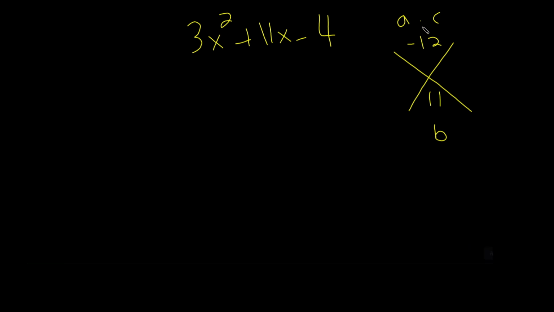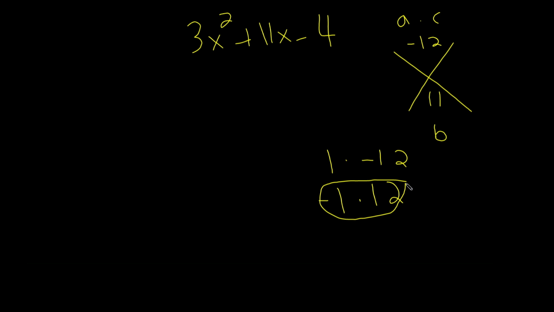And now we have to find out which two numbers multiply to get negative 12 and add up to get 11. To do that, we have to write down the factors of negative 12. Well, we have 1 times negative 12, negative 1 times 12, and I'm just going to stop here because we already found our two factors, negative 1 and 12. 12 plus negative 1 is 11, so these two would work out.